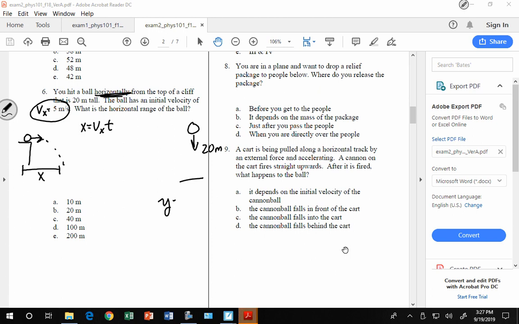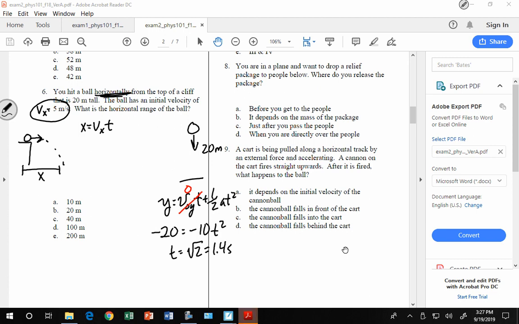So I say y equals v naught y t plus 1/2 a t squared. This is 0 because v naught y is 0. y is negative 20 equals negative 10 t squared... wait, wouldn't the a be negative 5, since it's 1/2? Oh, so t would be the root of 2, which is 1.4 seconds. I divided both sides by negative 10 and took the square root of both sides.